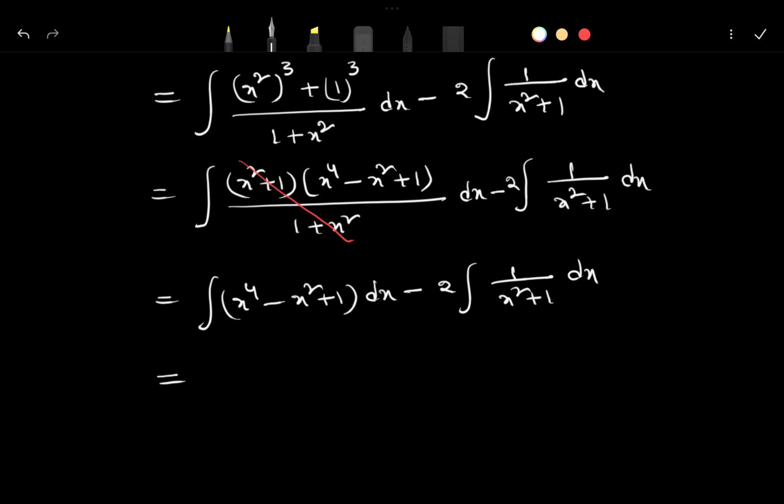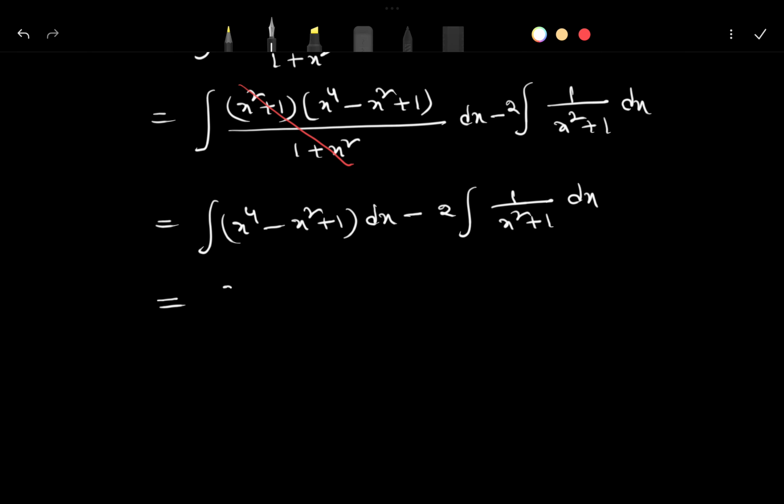See, the integration of x to the power of 4 is x to the power of 5 by 5 minus x to the power of 3 by 3 plus x, minus 2 into tan inverse of x, plus c. So I hope all of you are very clear about these different model problems.